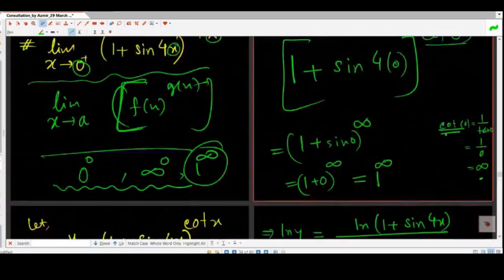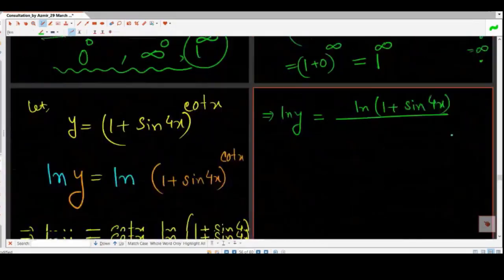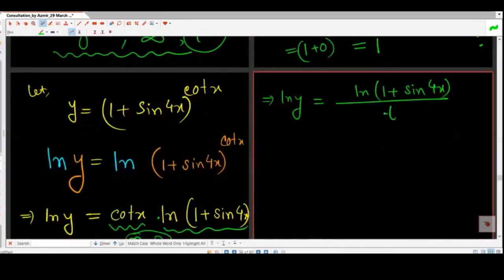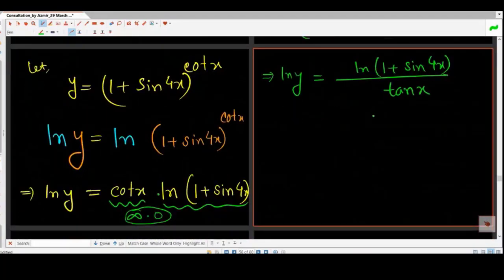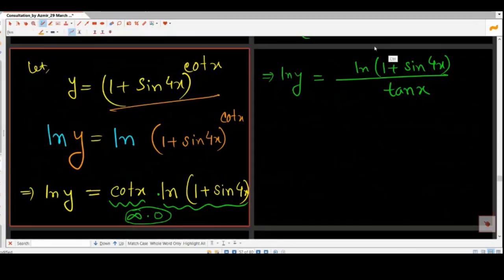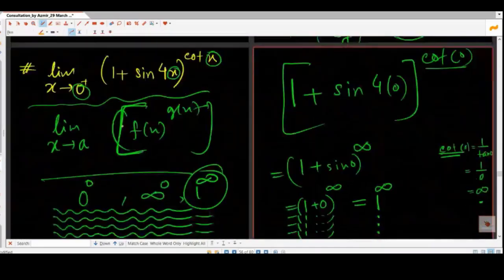Cotangent of x can be written as 1 over tangent of x, so we have in the denominator tangent of x. So our target is fulfilled, that we are able to convert this function to the ratio form. Now we can think about limit.